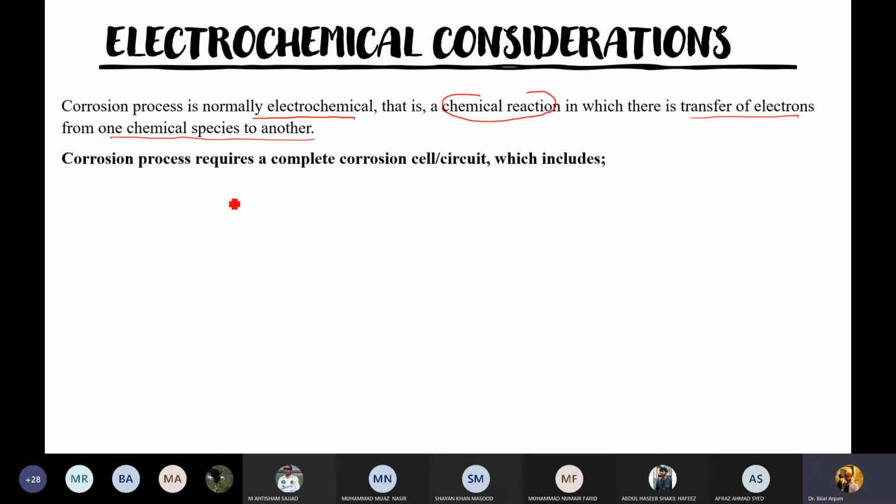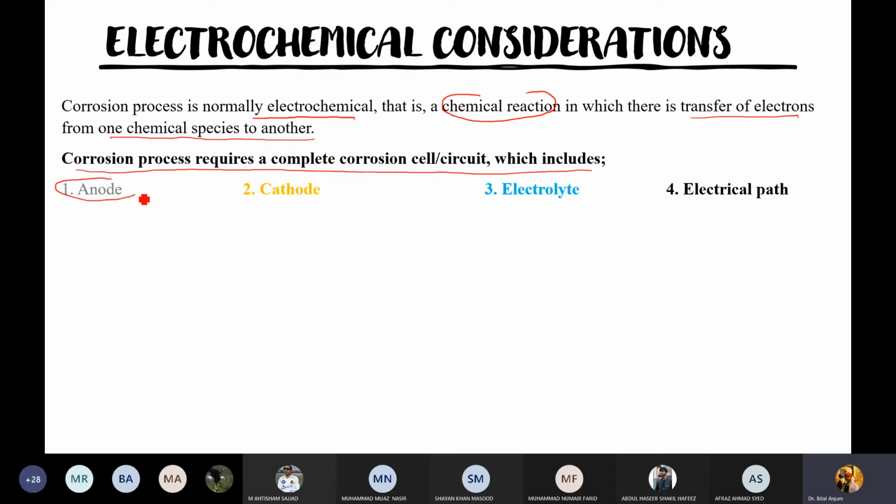A corrosion process requires a complete corrosion cell or circuit, which includes four components: the presence of anode, cathode, electrolyte and electrical path. These four components are necessary for corrosion to take place, and we'll look into these components one by one.